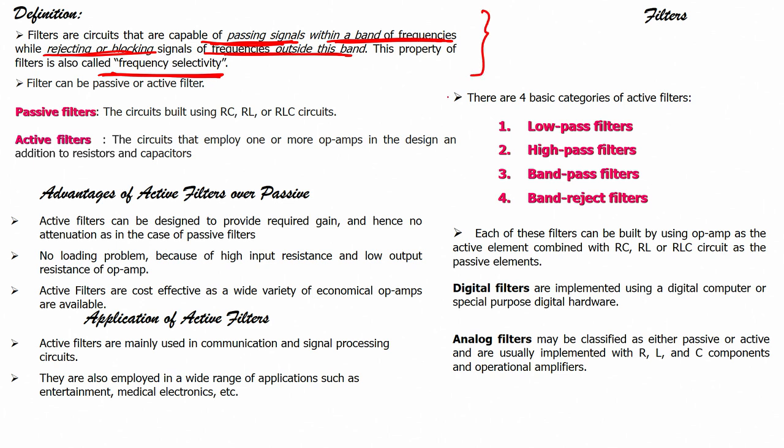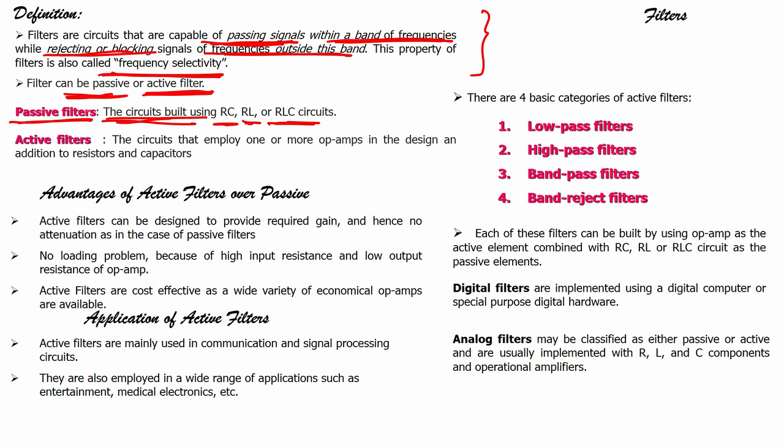Now, filters can be passive or active. What do we mean by passive filters? Circuits built using RC, RL or RLC, either using resistor and capacitor, or resistor and inductor, or resistor, capacitor and inductor, are called passive filters.